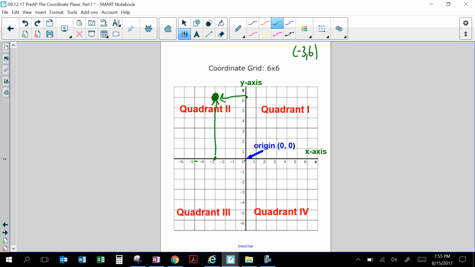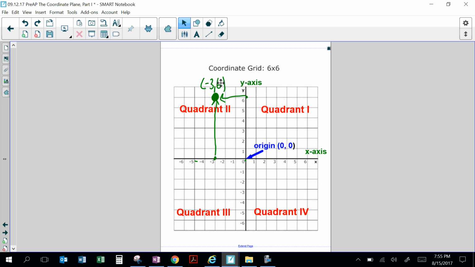But I'm going to slide this over right there. So to read this ordered pair, the x is -3, the y is 6: (-3, 6). Which quadrant do you find (-3, 6) in? I find it in quadrant 2.